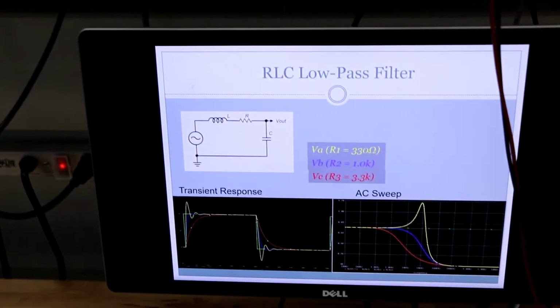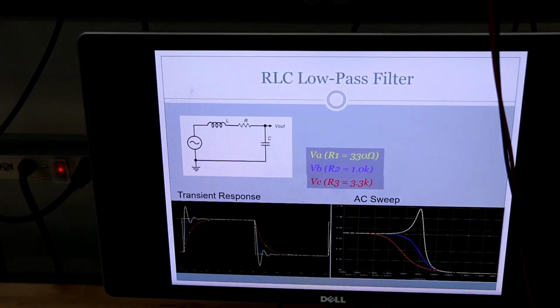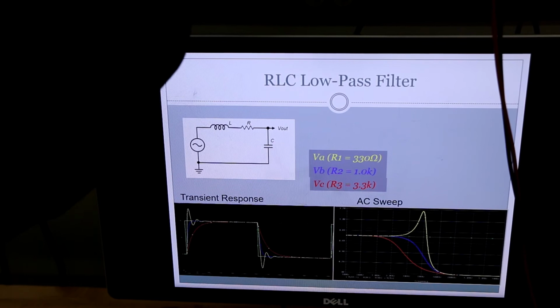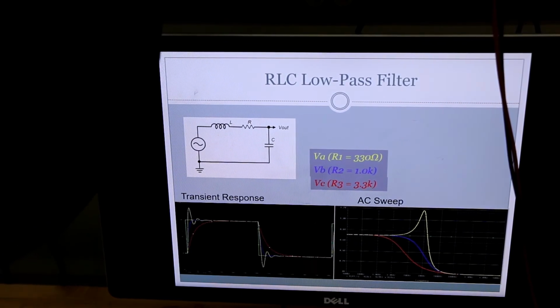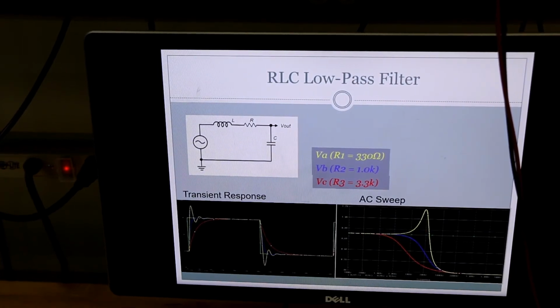Now to check the frequency response of this circuit, we'll start with 100 hertz on the function generator. We can notice that peak to peak 2 equals peak to peak 1.